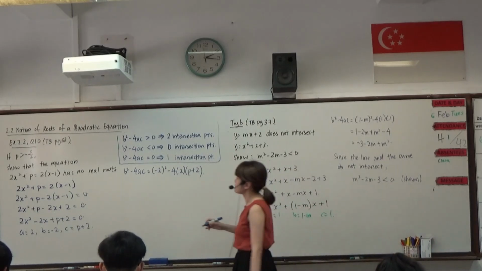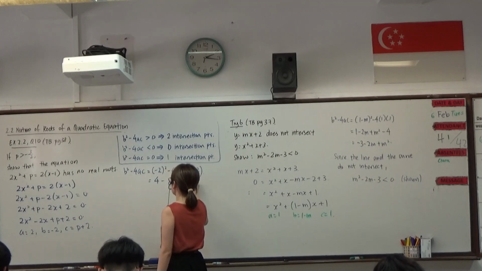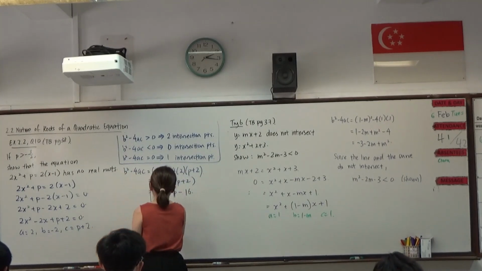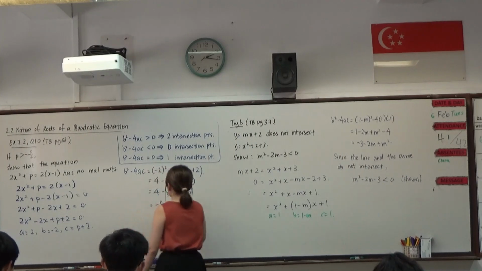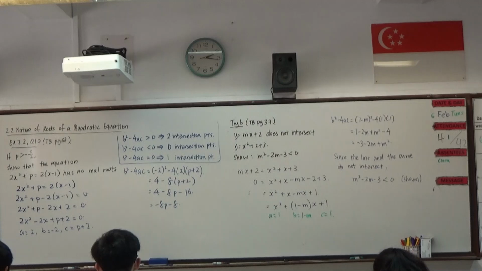Which simplifies to give us 4 minus 8(p plus 2), expanded into negative 8p minus 8 upon simplification. Did I do a calculation error? Wait, or minus 12, sorry.